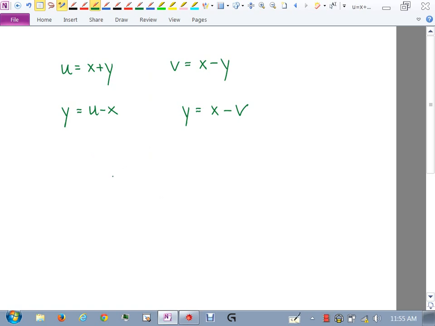Since they're both equal to y, that tells you that u minus x must equal x minus v. Which tells you what? 2x must be u plus v.